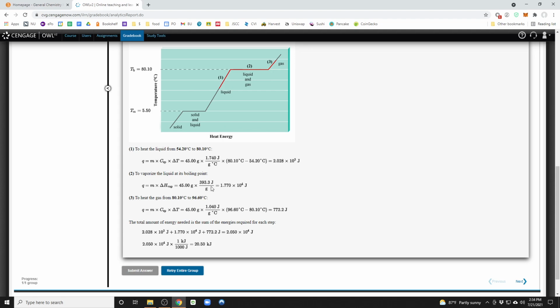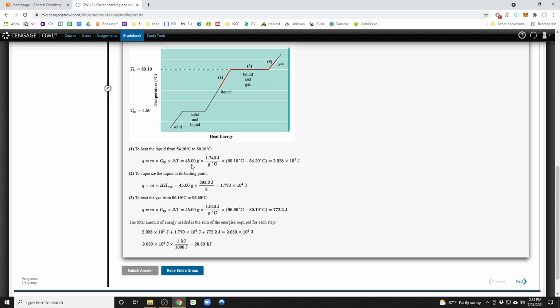Alternatively, again, you can use the dimensional analysis, meaning you just cancel off what you don't want anymore. And so you have a constant here, which is your delta H vaporization, which is 393.3 joules per gram. You don't want grams, you just want joules because you want heat. And so you're going to multiply this number here by your number of grams.